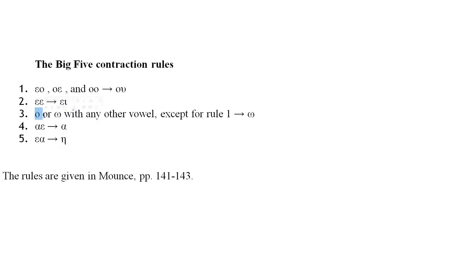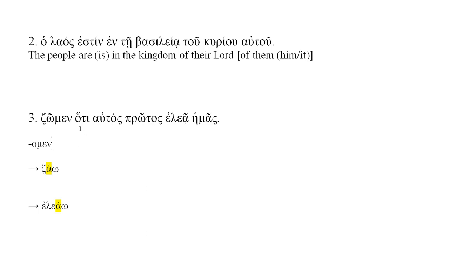It looks like we ended up with an omega. So we'll come back over and we'll note that we have the alpha bumping up against the omicron here. So I put the star here to show that this would never actually occur. So Rule 3 says that omicron with any other vowel except Rule 1, which doesn't include this one, would make this an omega.